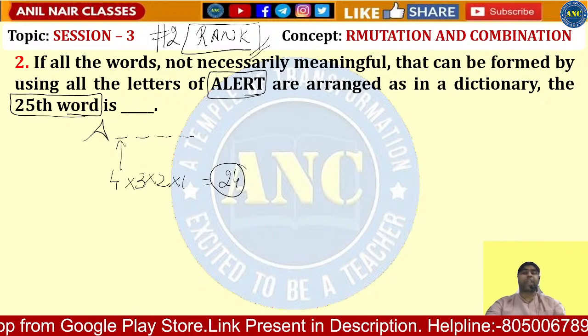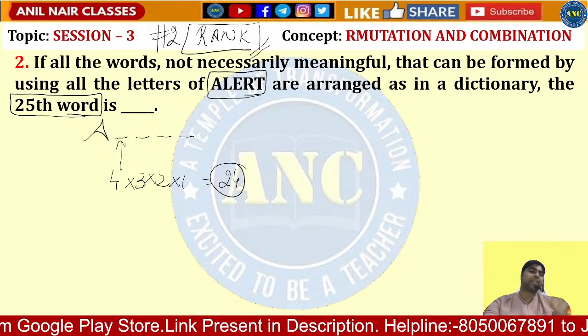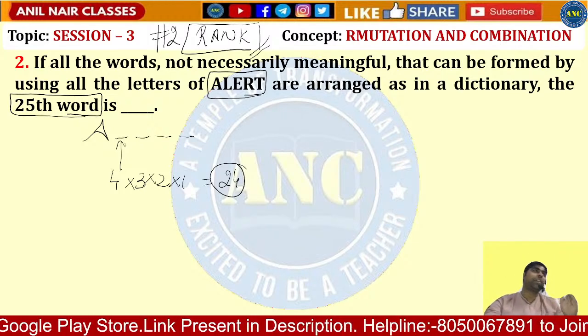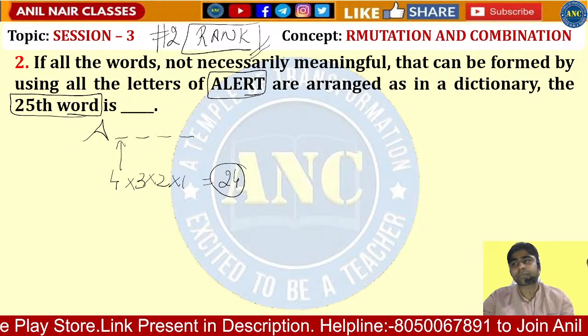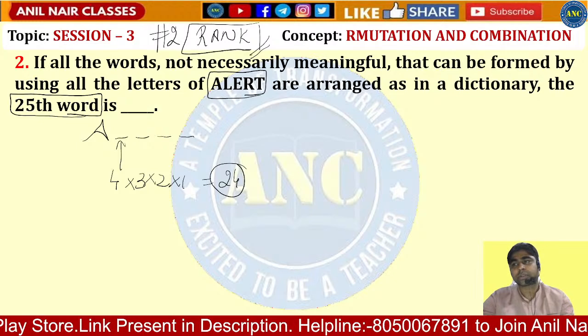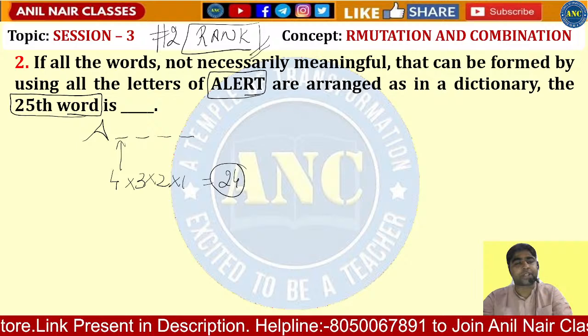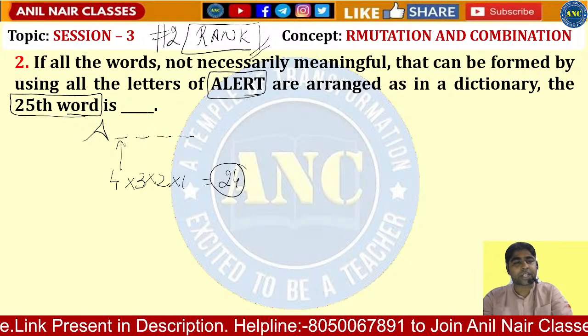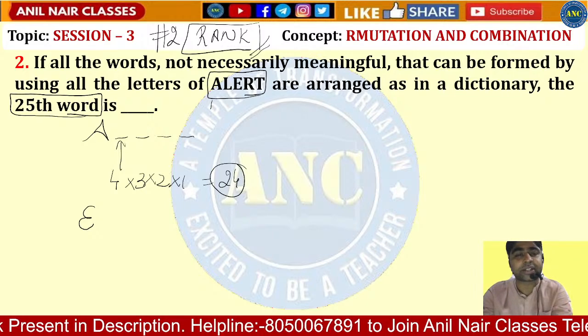So if the 24 words are starting with an A, doesn't that mean that the 25th word would be the just next word? So the next word would be starting with what comes after A in this sequence, because A is the first letter.